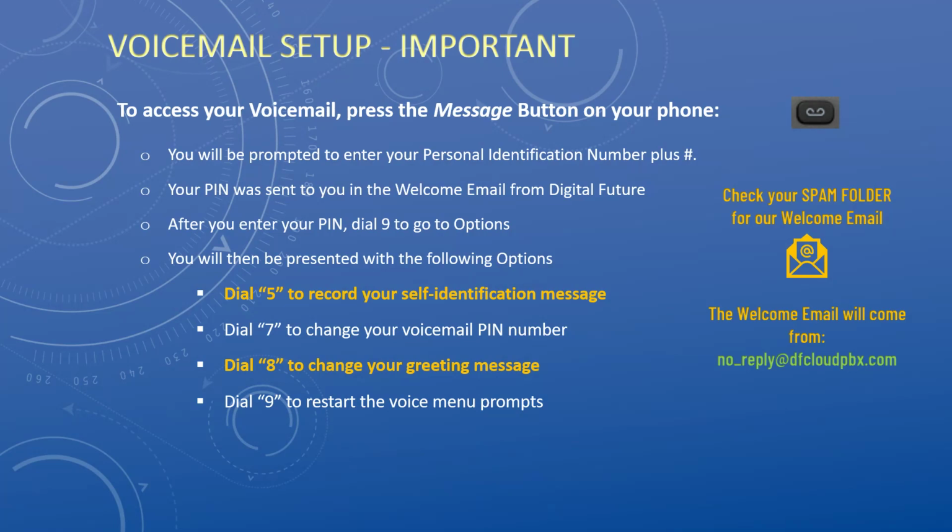We also suggest that you go on from there to dial number 8 to change your greeting message from the default generic message to a personalized message. We strongly encourage this because the default greeting is completely generic, doesn't provide your extension information, and most people will hang up without leaving a message.